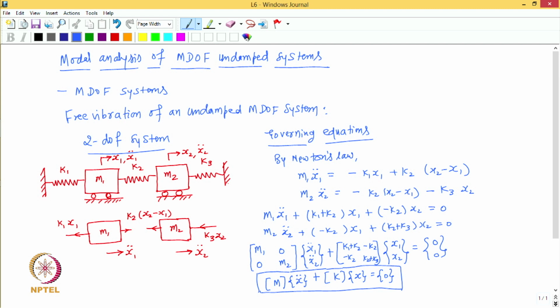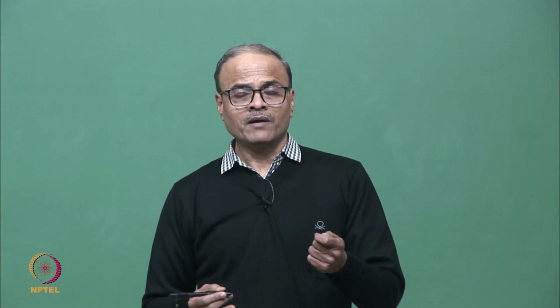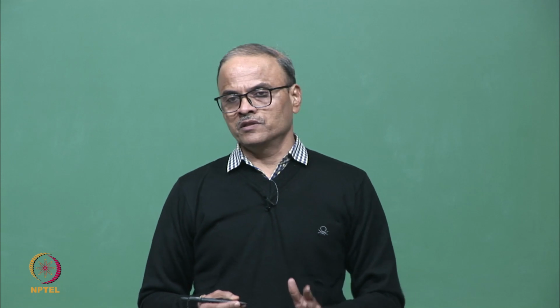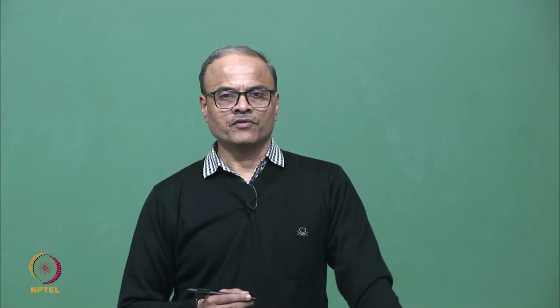This system is vibrating freely because there are no external forces continuously acting on the system, and the system is supposed to have been just disturbed initially or acted upon by some initial force, like an impact being applied, and then the system is left to vibrate on its own, and therefore the system vibrates under free vibration.